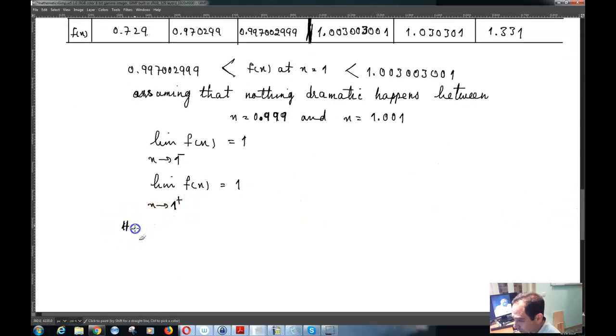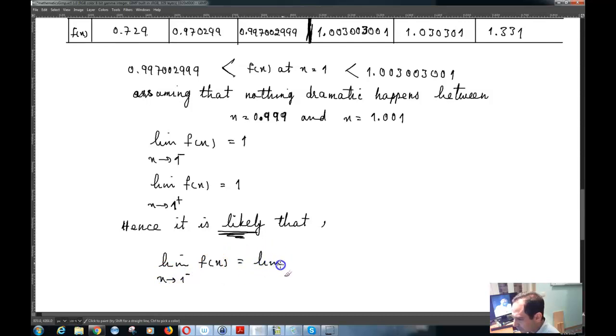I can say that hence it is likely that the limit of f of x when x tends to 1 from the left is equal to the limit of f of x when x tends to 1 from the right, and that is equal to 1, which is equal to the limit of f of x when x tends to 1.